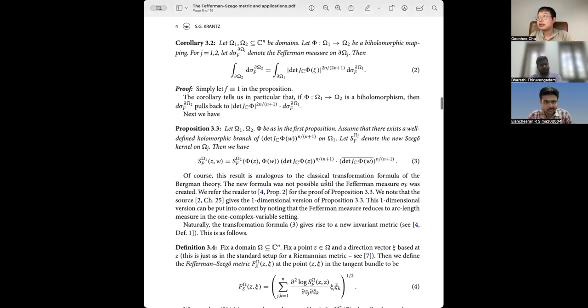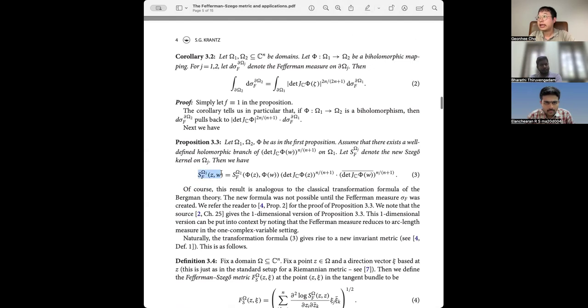This gives the byproduct of the invariance property under biholomorphisms for the Bergman kernel. Such a property fails for the Szego kernel when we use the Lebesgue measure.